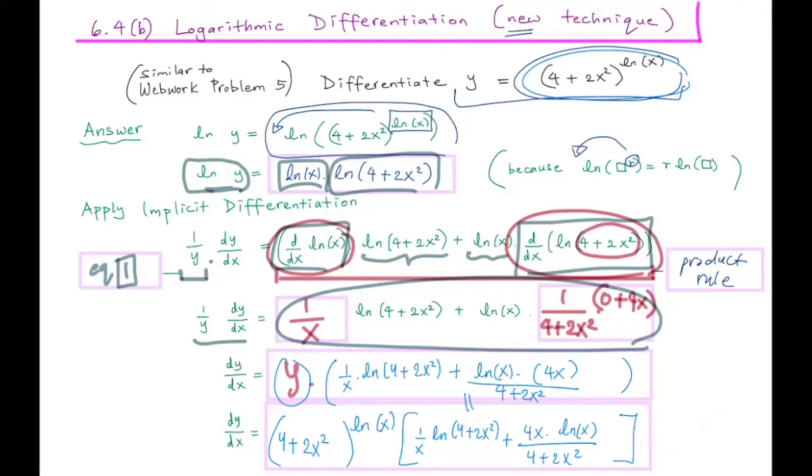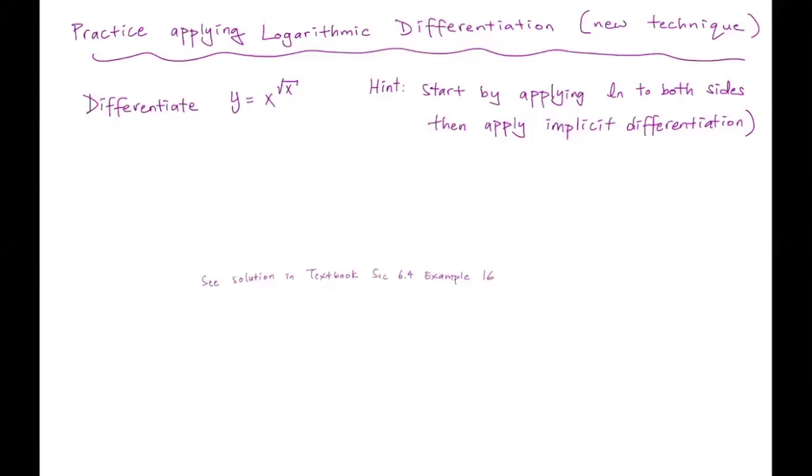And again, the key step is at the very first step, you apply natural log to both sides, and then you apply implicit differentiation. Now, please practice applying logarithmic differentiation using this function. And you can see the solution in the textbook, example 16.